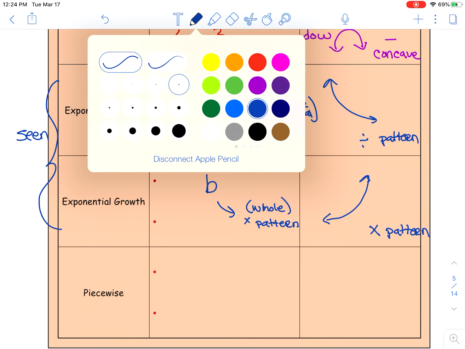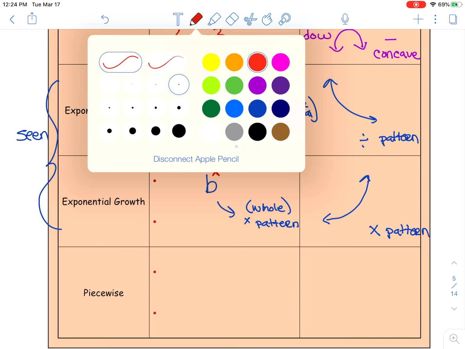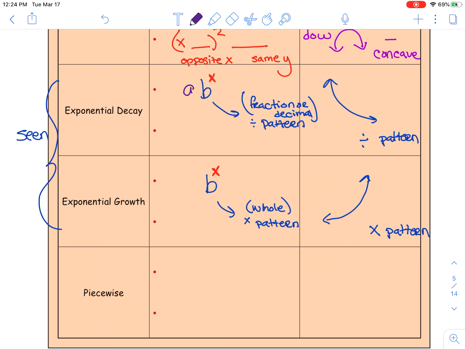And what's really nice about exponential equations is that exponential equations always have an x in the exponent. And then they have a start point too. And we call that start point A, and it's actually called an initial value.